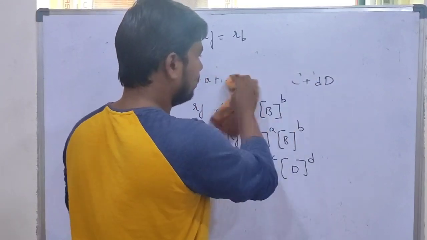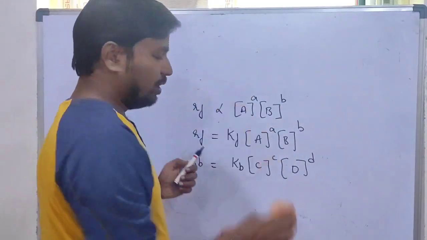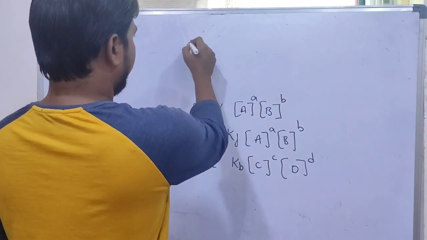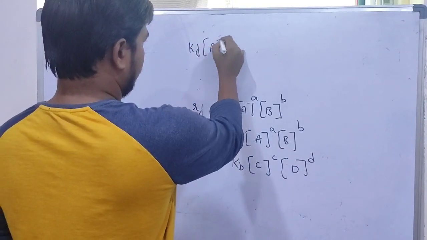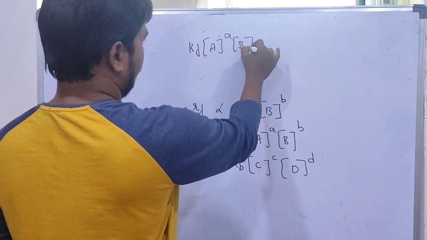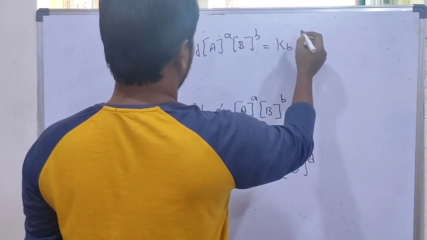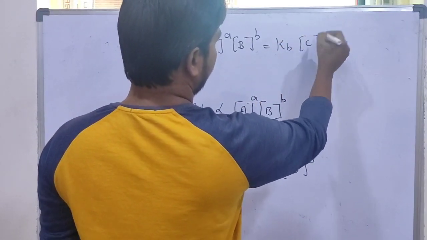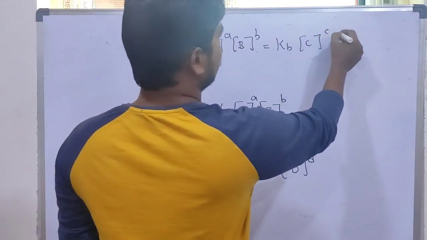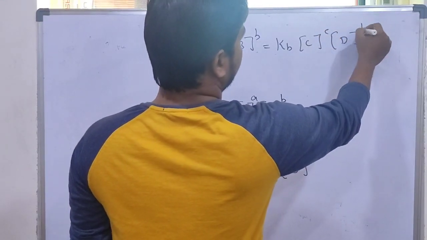So if we equate these, what do we get? Kf times A to the power a and B to the power b is equal to Kb times C to the power c and D to the power d.